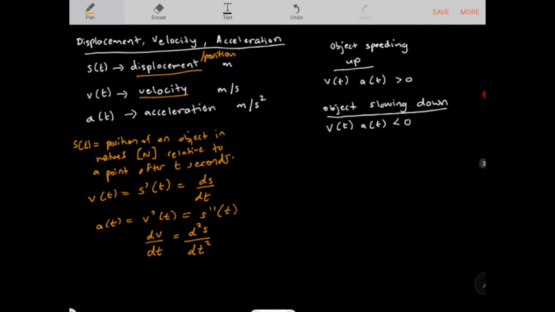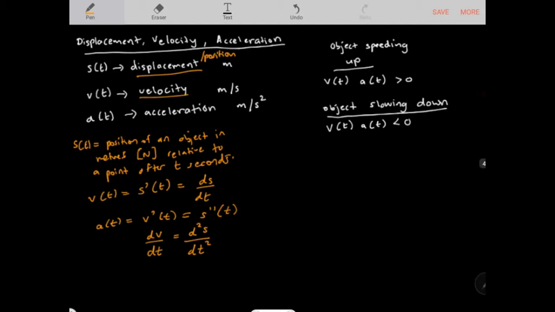Another word for speeding up is accelerating, and acceleration is just the collective term we use for change in velocity. In the other scenario, if the velocity and acceleration functions have opposite signs, the product would be less than 0 and the object would be slowing down, or decelerating. That means the velocity would essentially decrease over time. This is a good way to understand if an object is speeding up or slowing down.